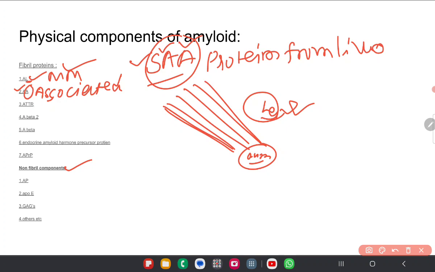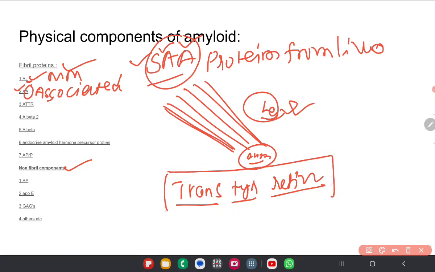ATTR is nothing but transthyretin. What is this? It transports thyroid compounds as well as retinol compounds. All of this is transported by transthyretin; the name itself helps us differentiate ATTR.